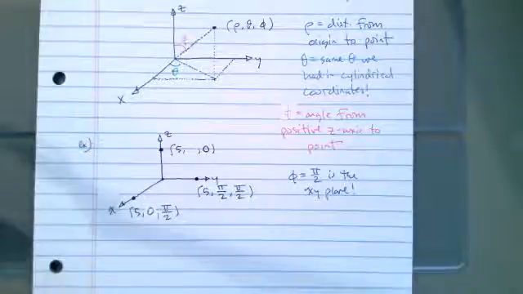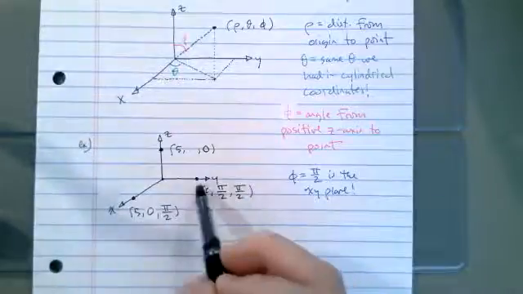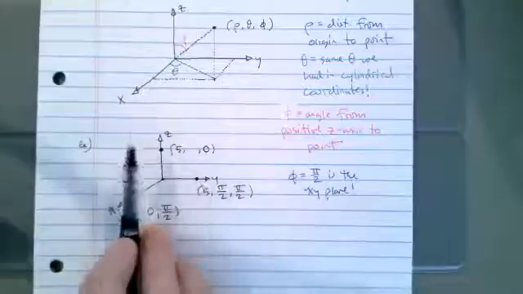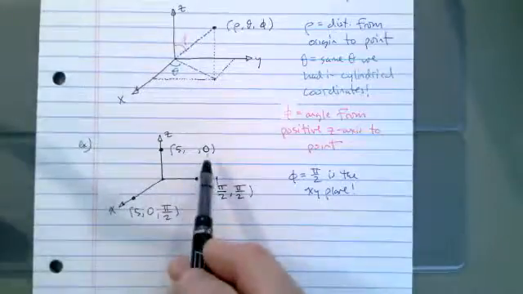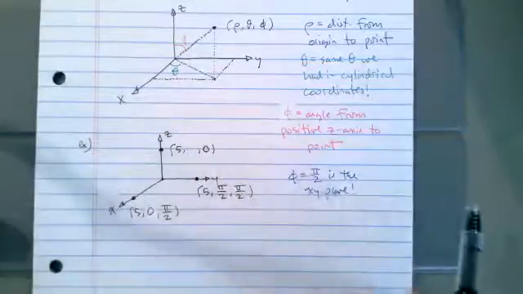Does 0 work? Because it looks like pi over 2 would work, right? Because if I go 5 units away at pi over 2, that's on the y-axis. But if the angle from the positive z-axis, phi, is 0, that puts us on the z-axis.